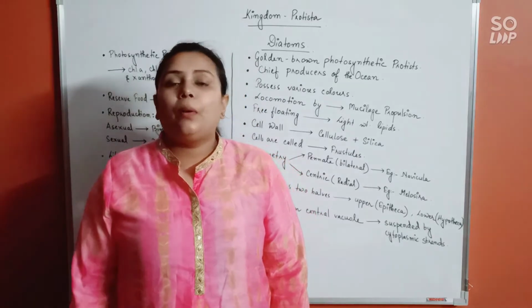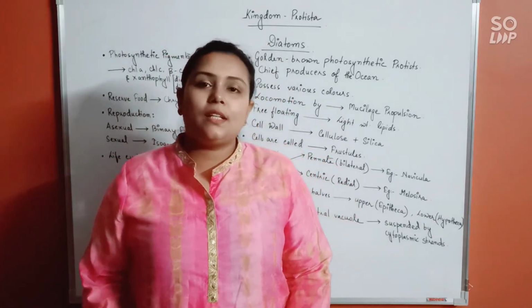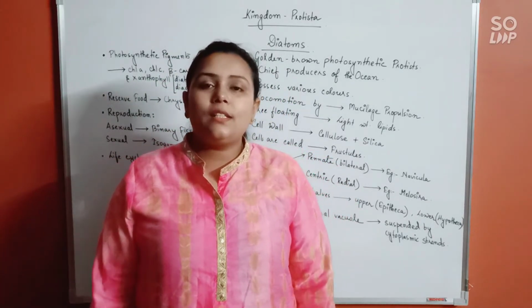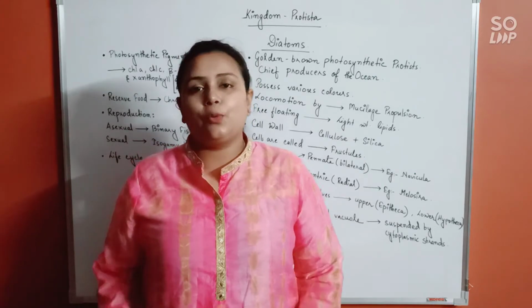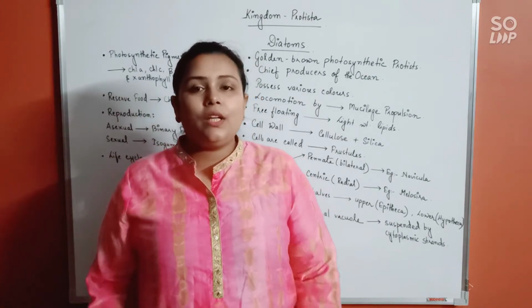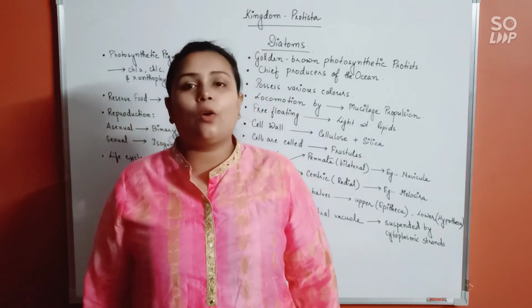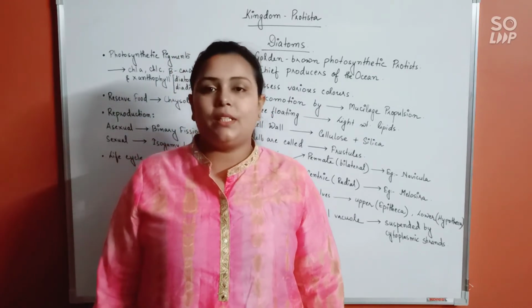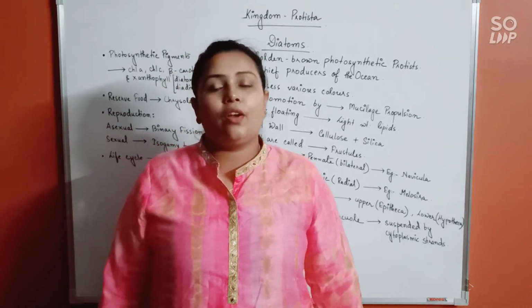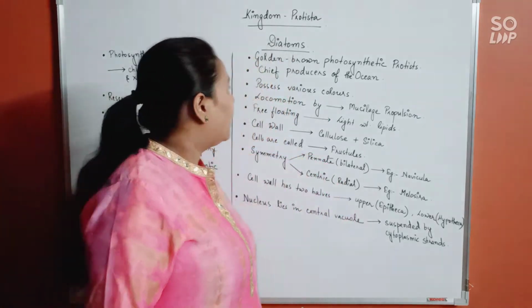Fine. They are popularly known as protistan algae and they constitute a major part of the phytoplankton. They are equally distributed in freshwater and marine habitats and a few are also found in terrestrial habitats. So let's see their general characteristics.